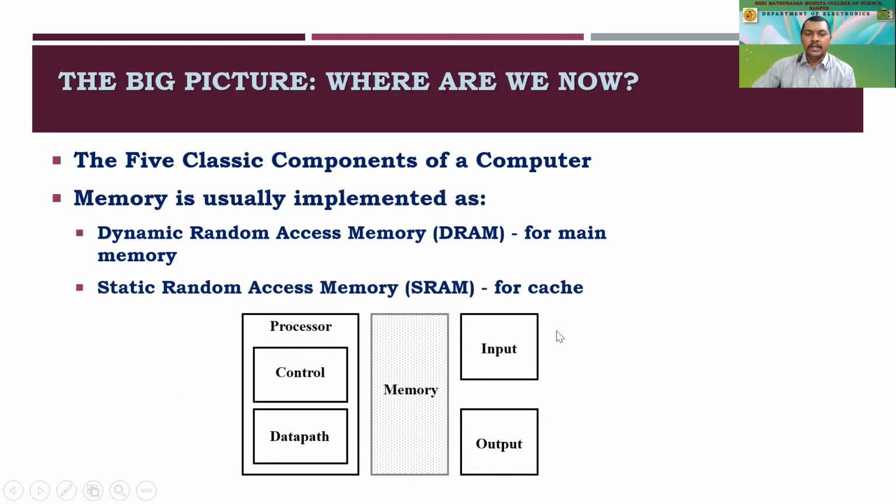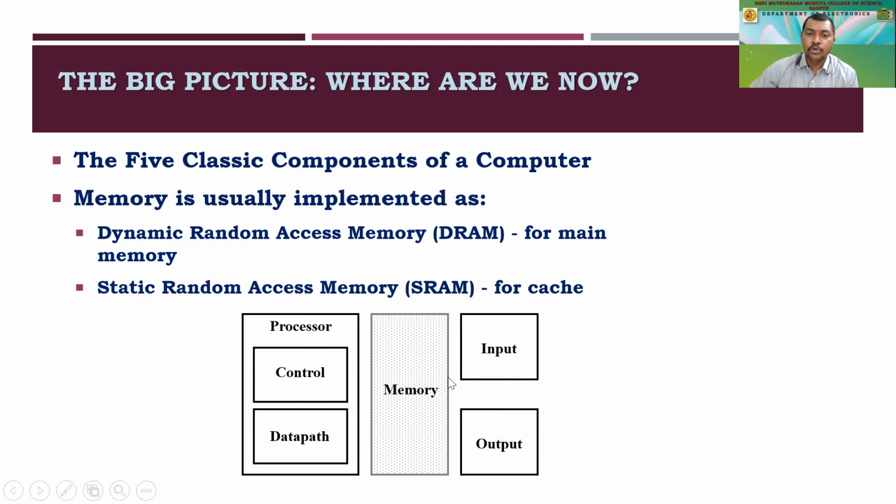And this is the block level structure of the CPU, right? The CPU has the processor, then the control over everything, then the data part, that is the buses through which data is transferred from the CPU to the memory or the input output devices. The memory is in between, where we store the data. The control controls everything: the processor, the data part, the memory, input and output. These are input devices, and these are output devices.